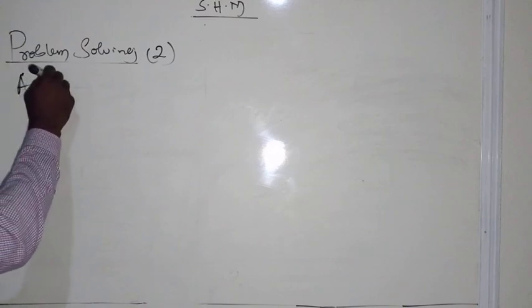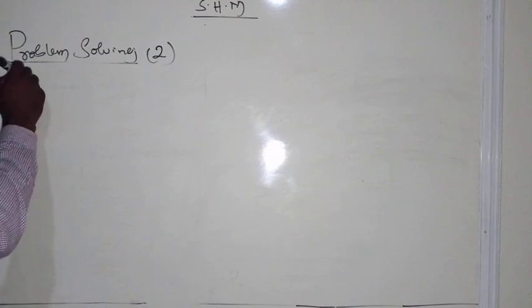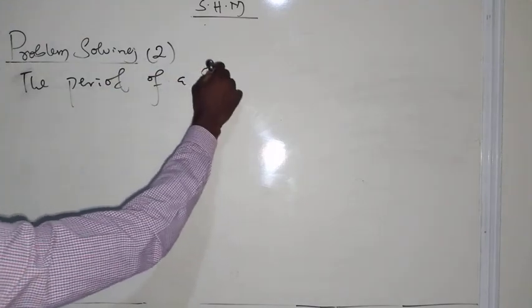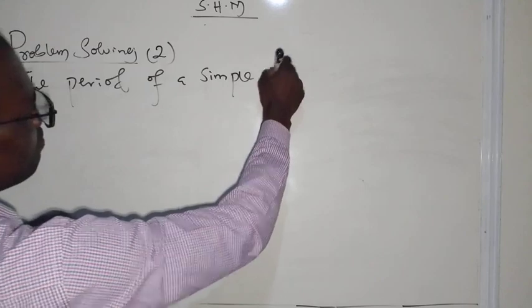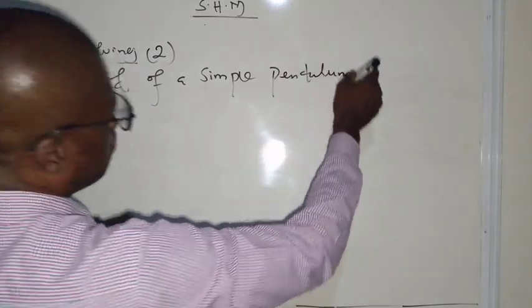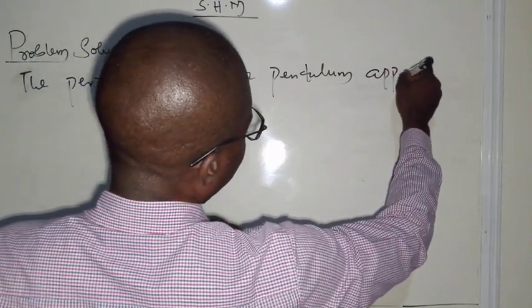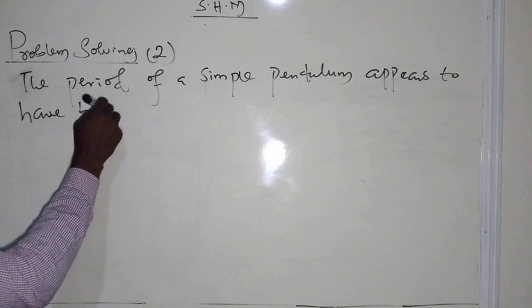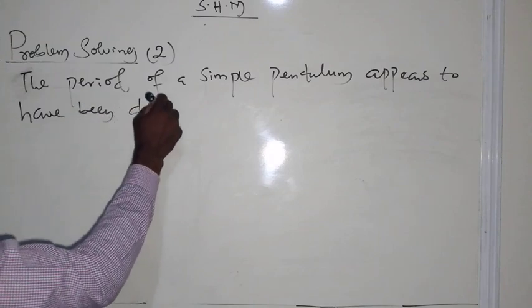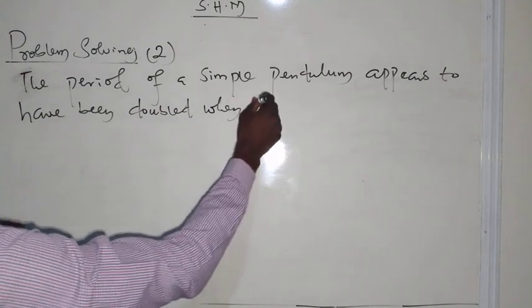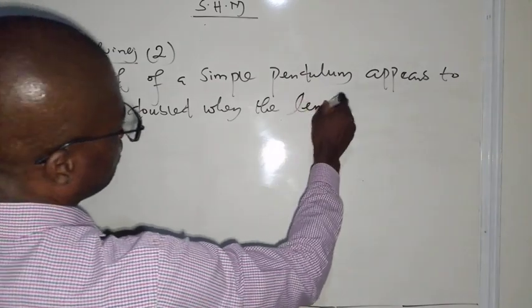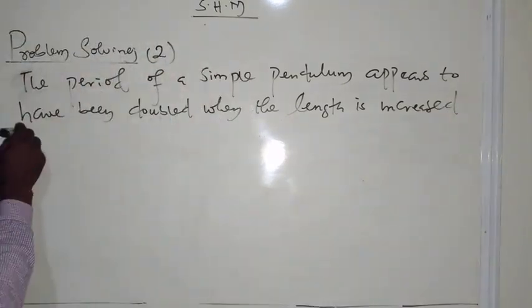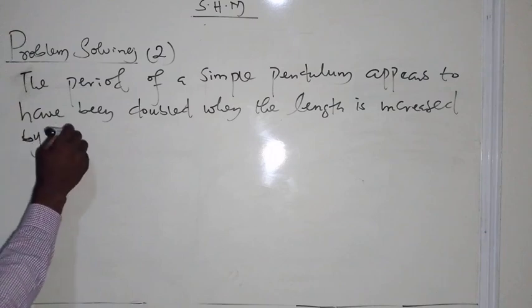The period of a simple pendulum appears to have been doubled when the length is increased by x.